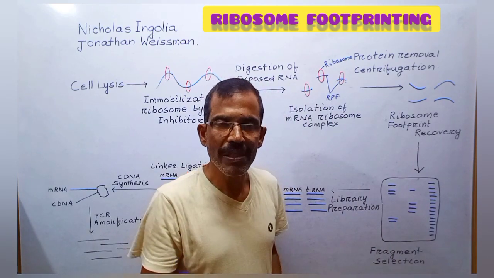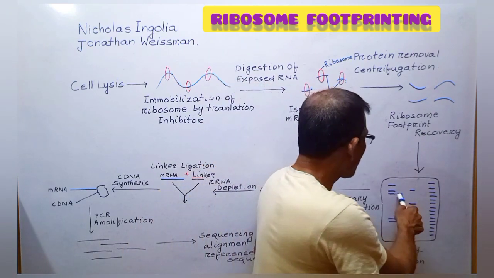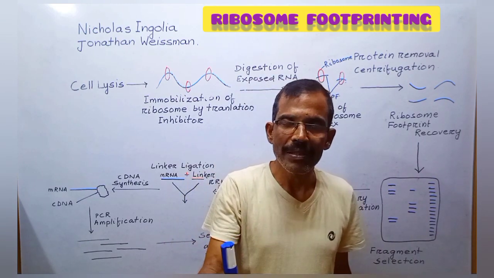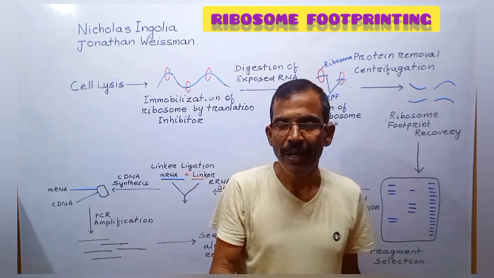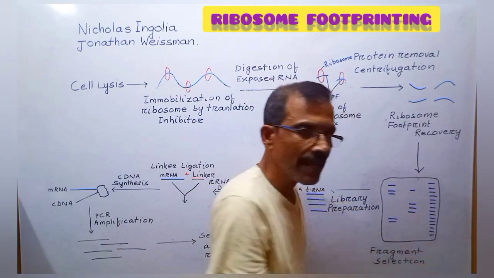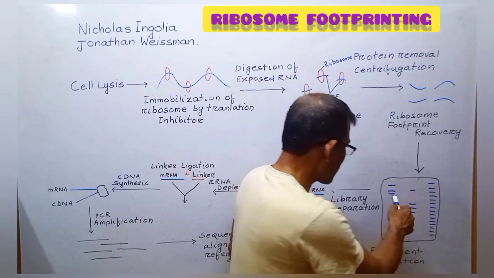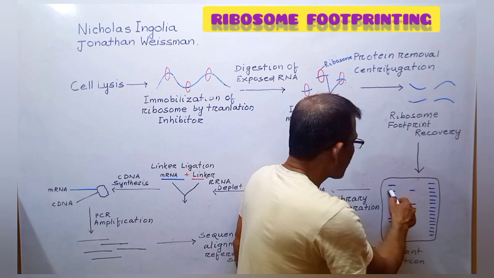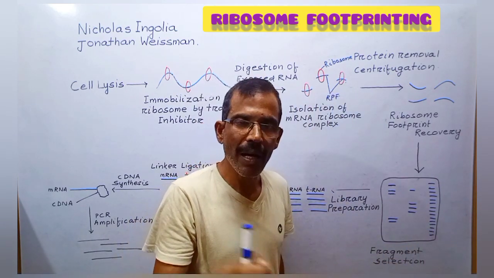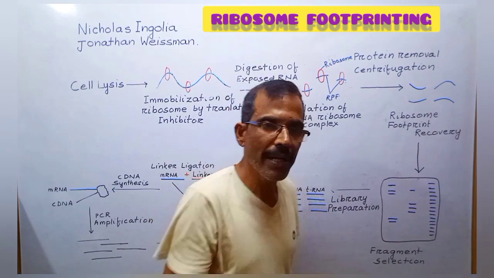The use of a size selection marker allows us to identify the RNA bands which contain the RNA fragments of specific size. After identifying the RNA band which contains the ribosome footprint, the next step is to excise the gel that contains the RPF by using a scalpel. Then the RNA fragments are extracted and purified.